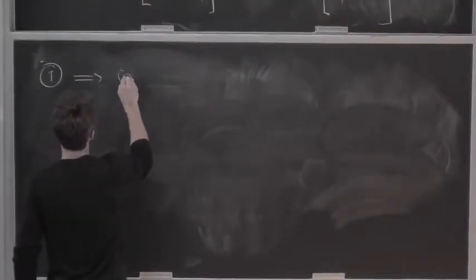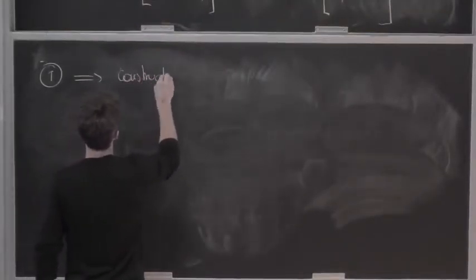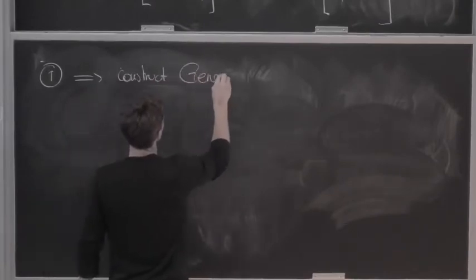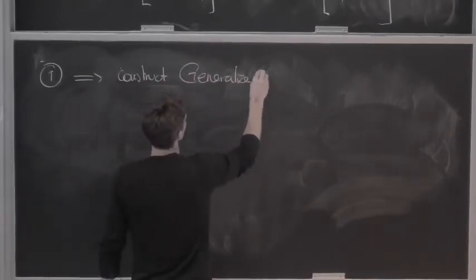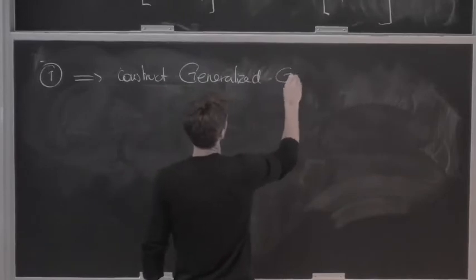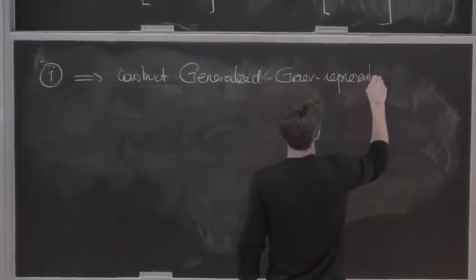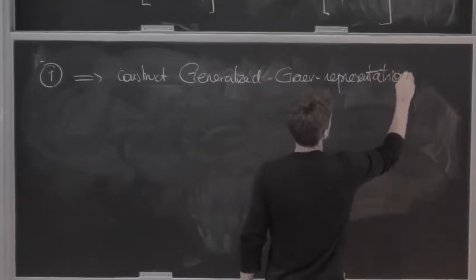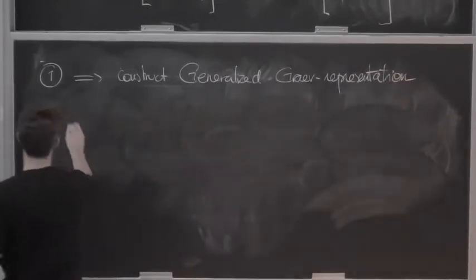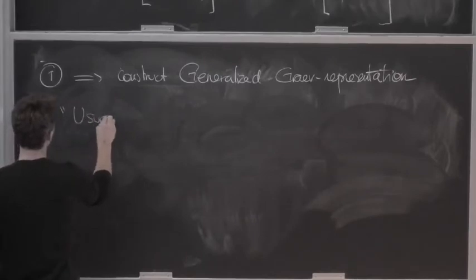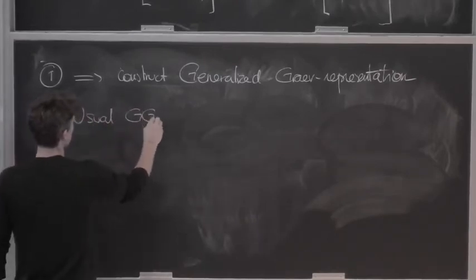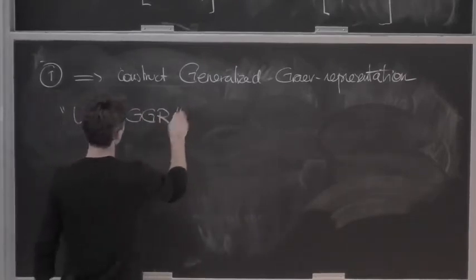So, method one, you can construct what are called generalized Gelfand-Graev representations. And it's called generalized because the usual Gelfand-Graev representation, what is it?